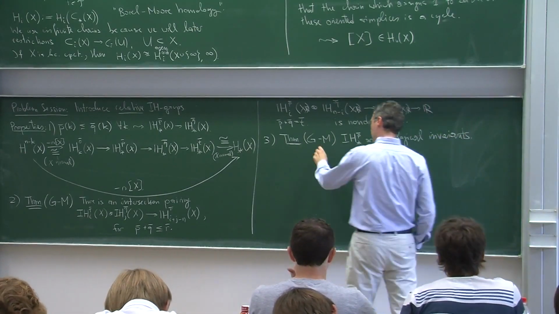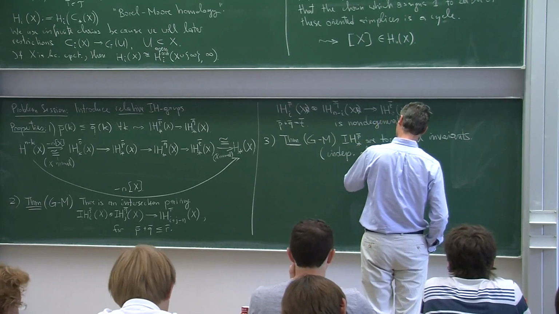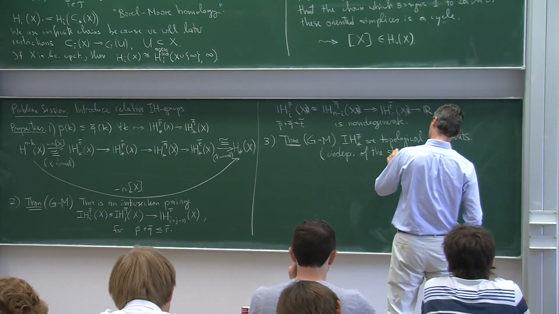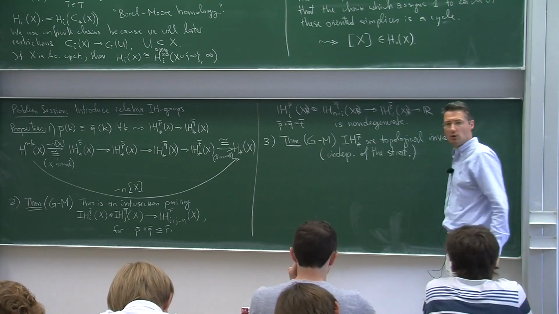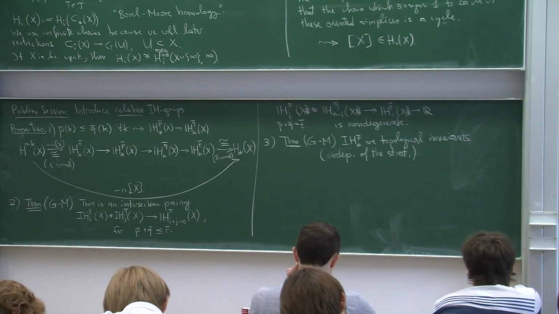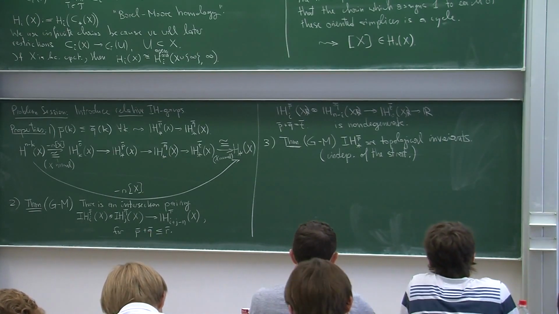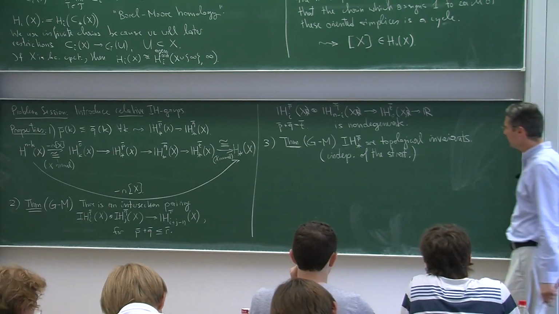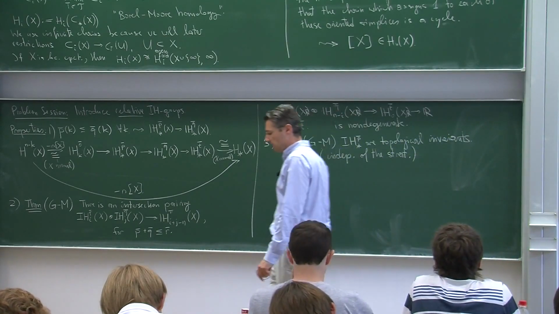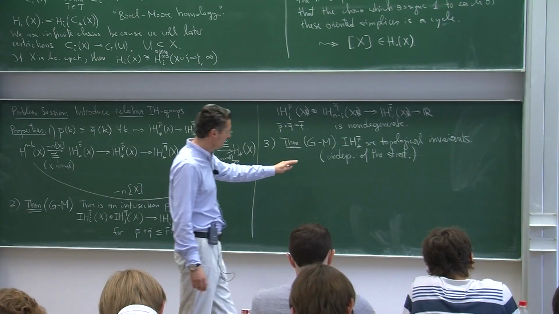So in particular, independent of the stratification. Which is not at all apparent, right? Because the definition depends heavily on your choice of stratification. And then you take homology, and then the groups themselves, the homology groups themselves, do not depend on how you stratify this. So the proof of this is not entirely easy.